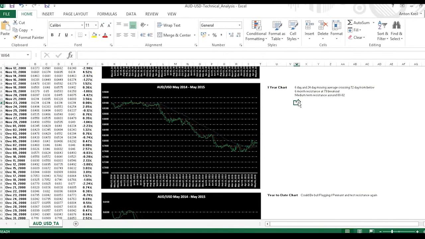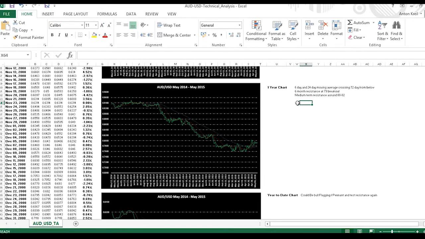So if you look at the lines on the chart, our moving averages, the yellow line is our 6-day moving average. The red line is our 24-day moving average, and the blue line is our 72-day moving average.